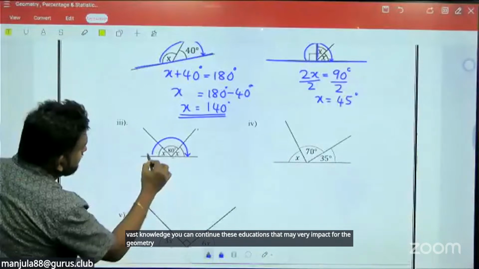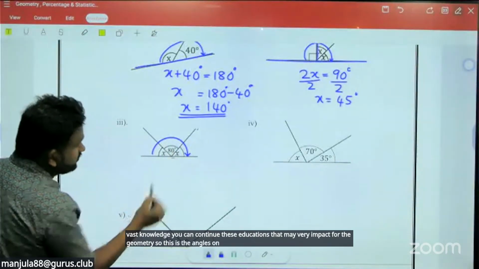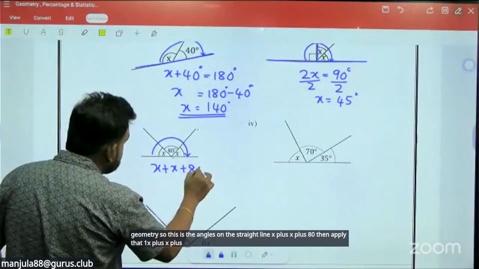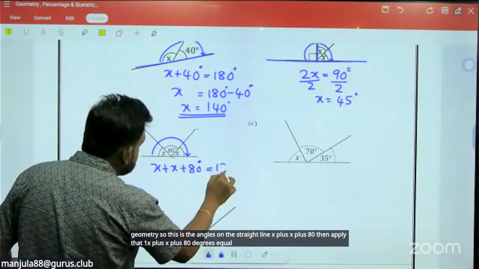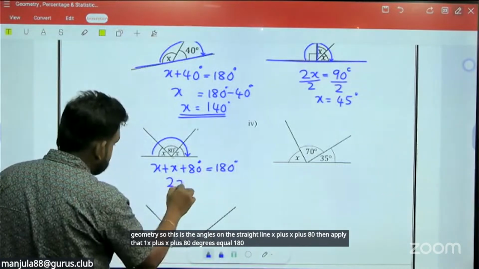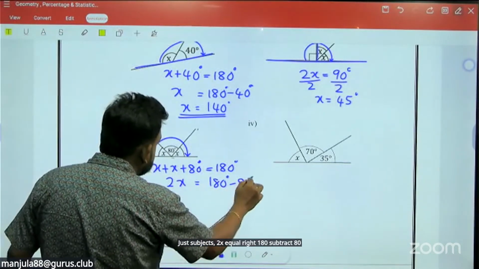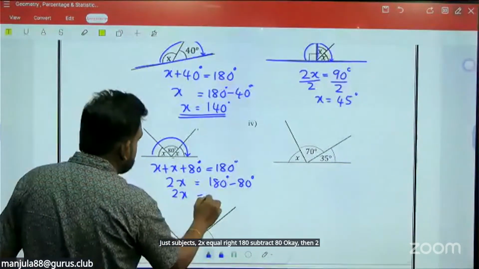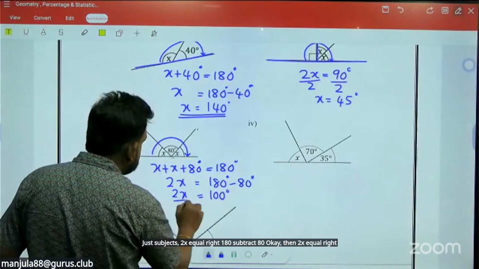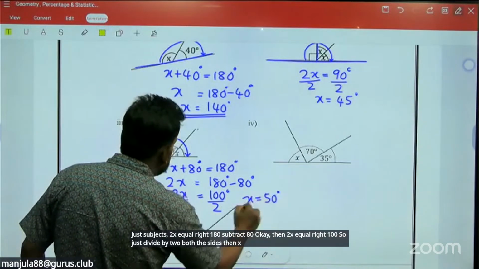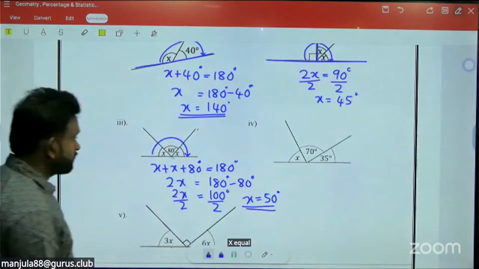This is the angles on a straight line: x plus 80 degrees equals 180. Subtracting, x equals 180 minus 80, so x equals 100. Wait, correctly: 2x equals 100, then divide by 2 on both sides, so x equals 50 degrees.